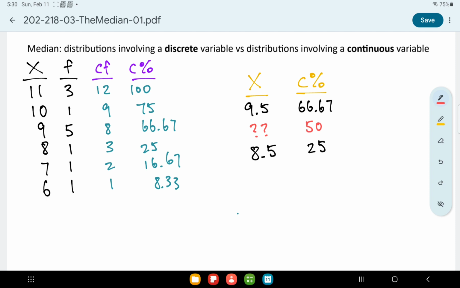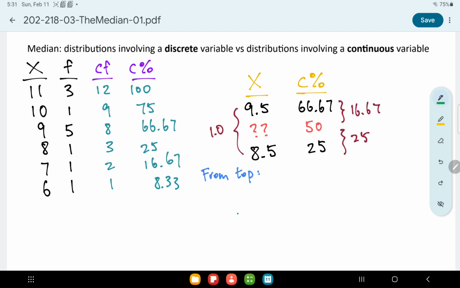The next step is to figure out the relative distances. Do you see the relative distances between the 50th percentile against the upper and the lower? The known cumulative percentage that is above it and the known cumulative percentage that is below it.